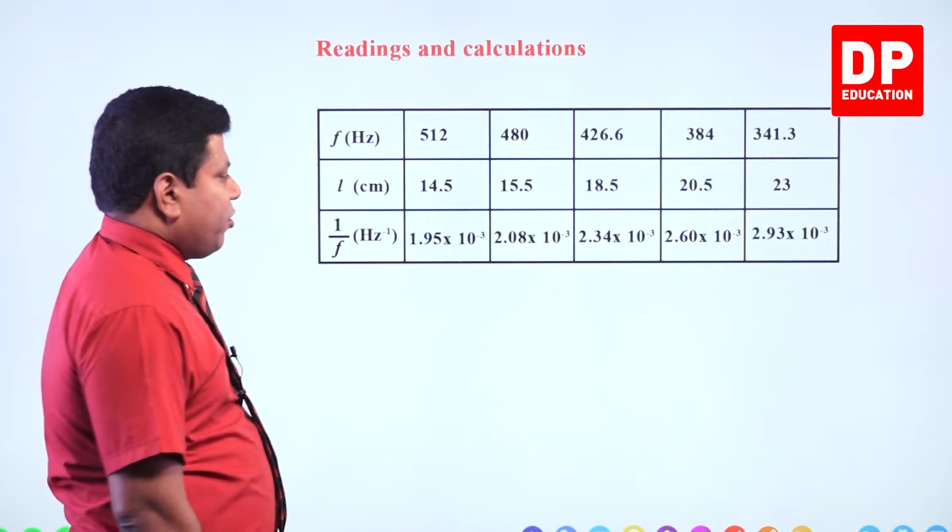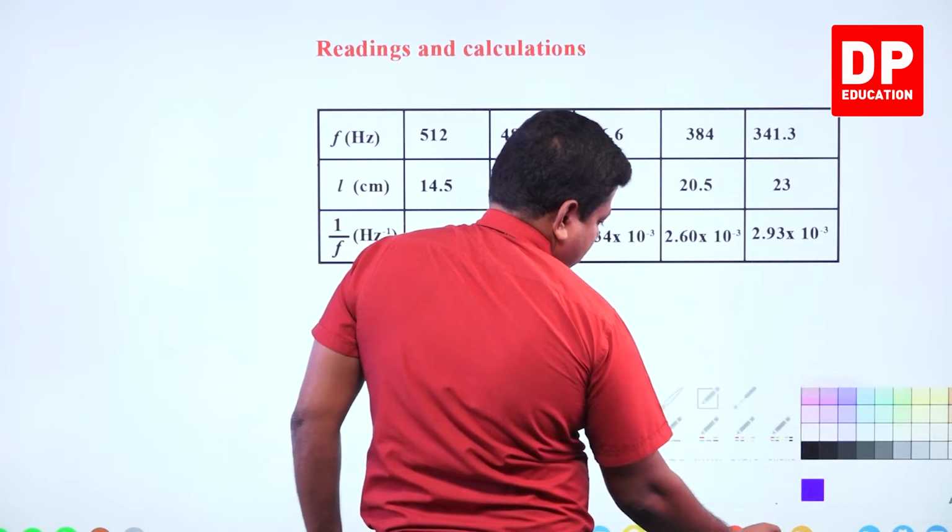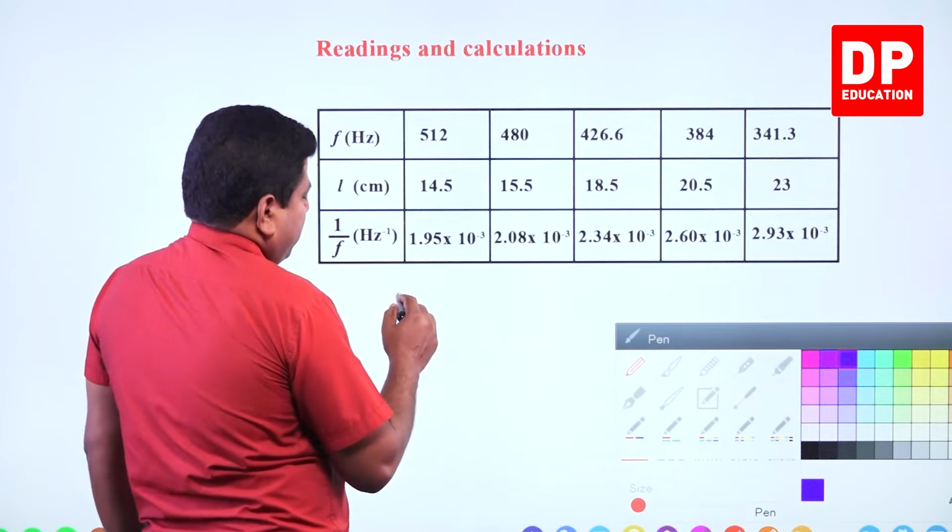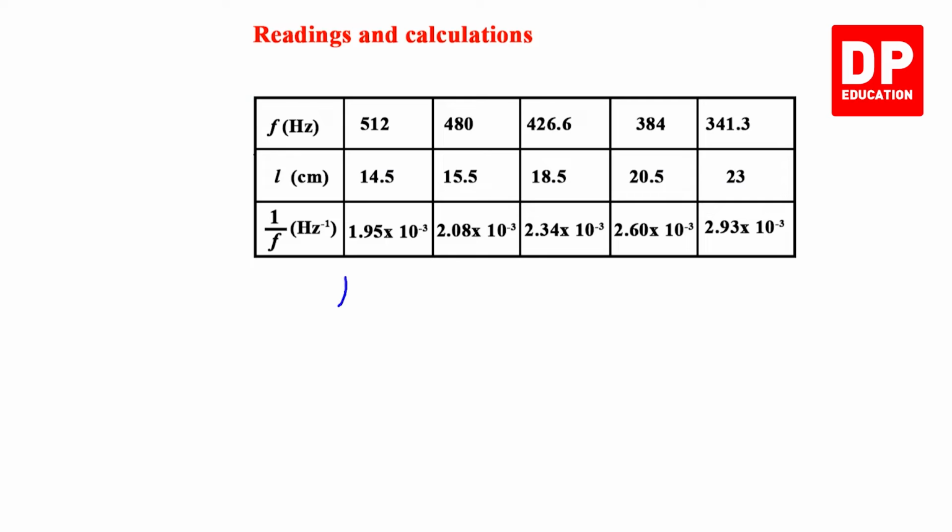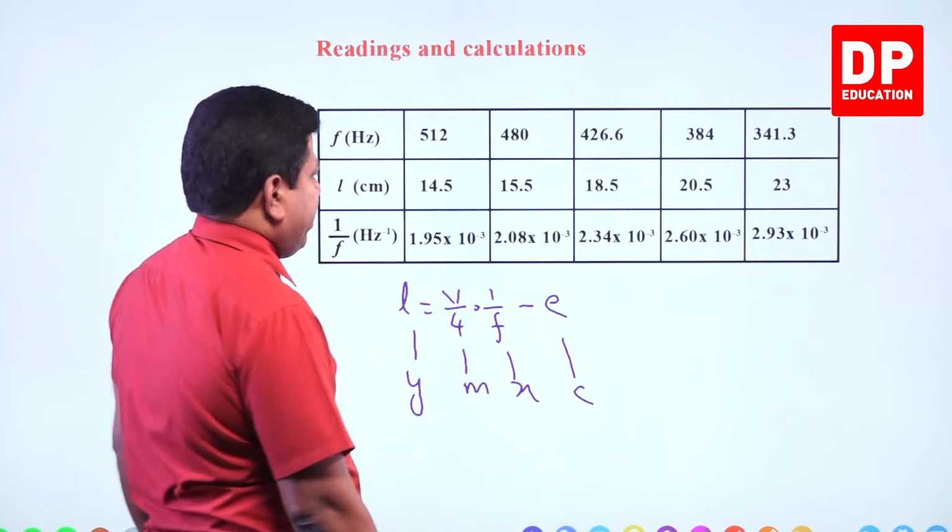Now, we need to draw the graph. You remember the equation again? L equals V by 4 times 1 over f minus E, that is y equals mx plus c, correct? Let us draw the graph and see.